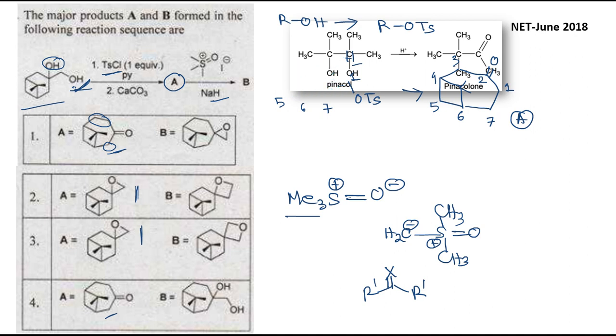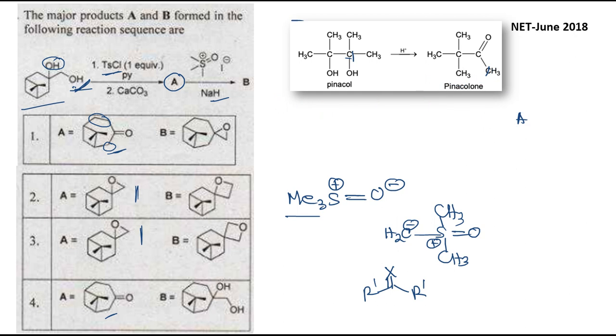I forgot to mention this. Here I have given a reaction that is a pinacol-pinacolone type of reaction, though it is slightly different. We have not provided any H plus directly, but TsCl is there. Pinacol-pinacolone rearrangement is basically formation of a good leaving group from OH. So when you have H plus, there is formation of OH2 plus, and what will happen? This OH, and there is positive charge here, 2 methyl groups.